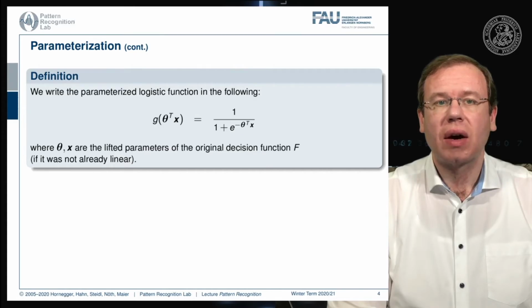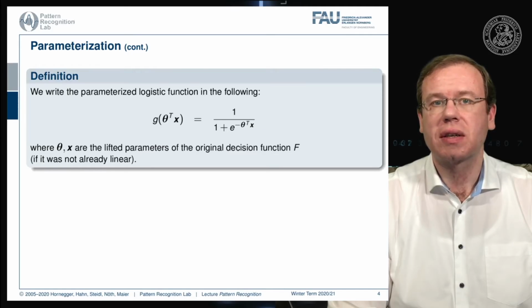So we can now remember our logistic function, and we can see that if we use this trick, then we can essentially take our logistic function and apply it in this high dimensional parameter space, and we don't have to touch the logistic function.